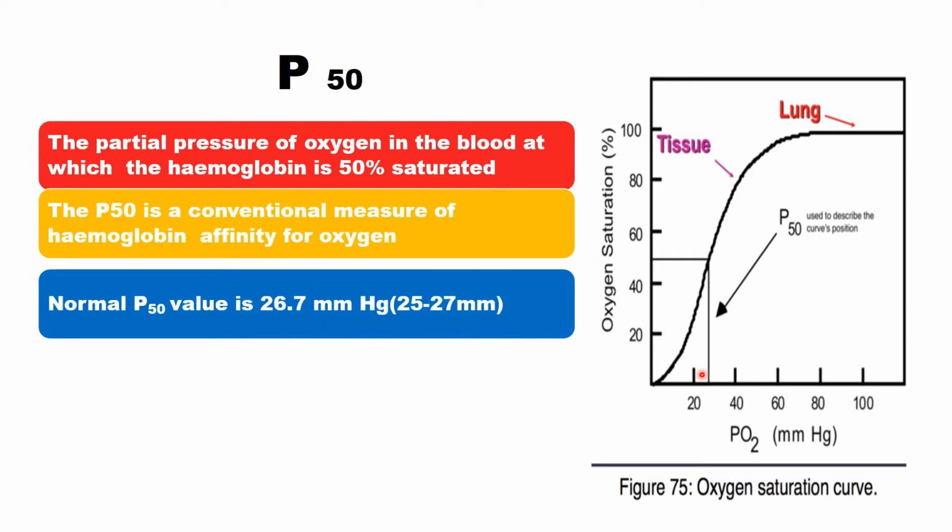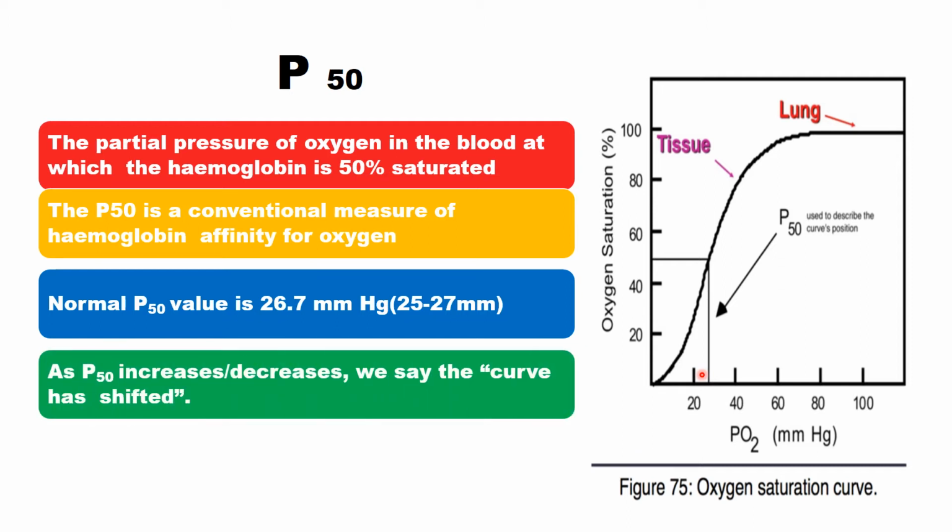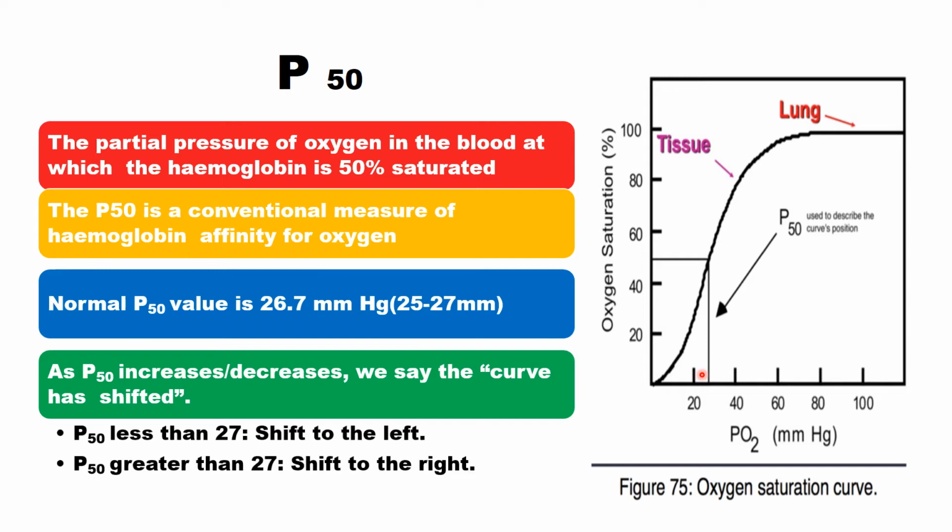So this value is a conventional measure for hemoglobin affinity for oxygen, and it is inversely related. A shift in the P50, an increase or decrease, results in the shifting of this sigmoid curve of oxygen hemoglobin dissociation. If the P50 is less than 27, we say the shift is to the left, and if it is greater than 27, we say that the shift has been to the right.